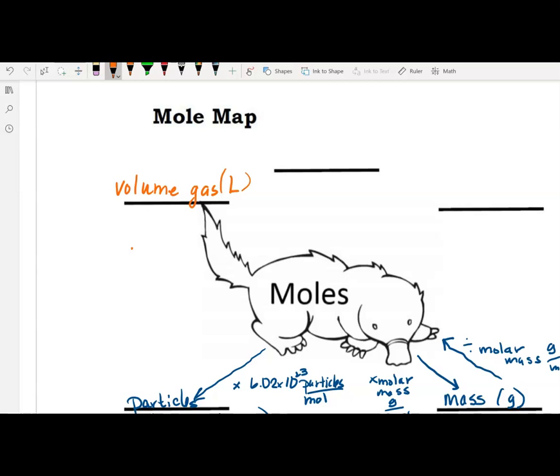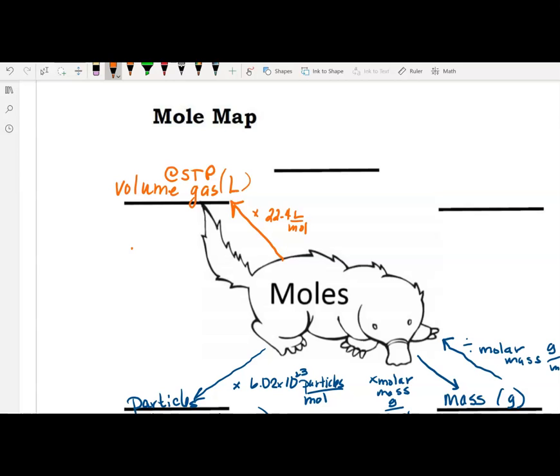And above that, you're going to write at STP. If you are at STP, you know that 1 mole of gas will take up 22.4 liters, right? So draw an arrow from moles to volume, and you're going to multiply by 22.4 liters per mole. We call this the molar volume of a gas.